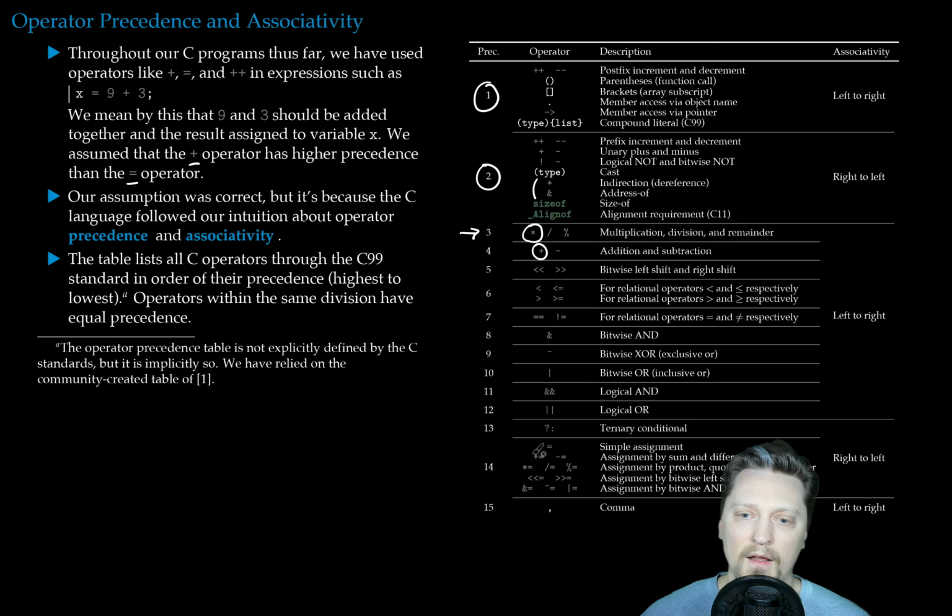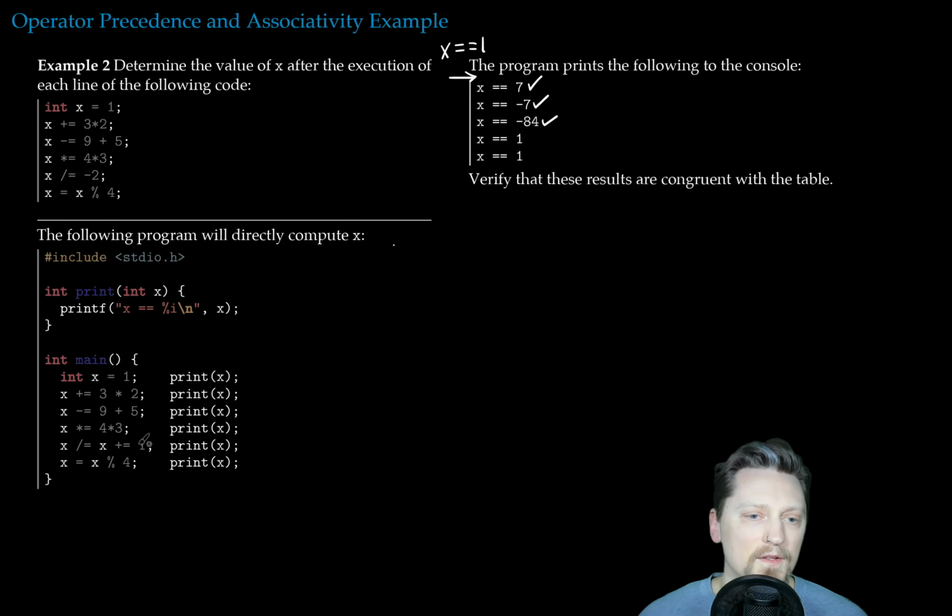They're in the same level of precedence, 14. So to break the tie of precedence, we have to see associativity, right to left associativity. Okay, so that means that we're going to do this one first.